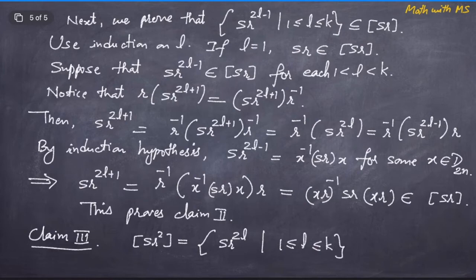Thus, if n is even, we have computed all the conjugacy classes in the dihedral group D2n, and our direct count tells that there are precisely k plus 3 conjugacy classes in D2n when n is even. So this proves the first part of the theorem. The second part of the theorem is analogous and is left as an exercise.